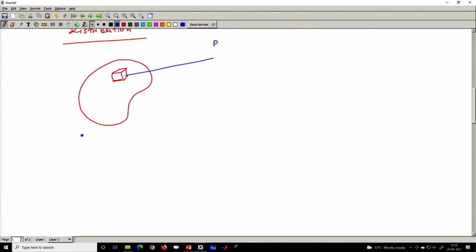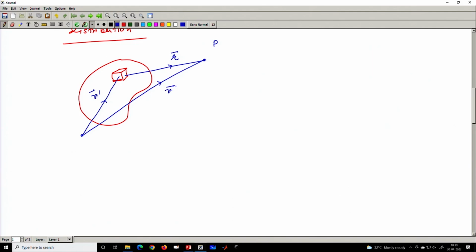The location from the origin to this small portion is vector r prime, and the separation vector from this piece to the point P is curly r. From the origin to the point P, this is vector r.